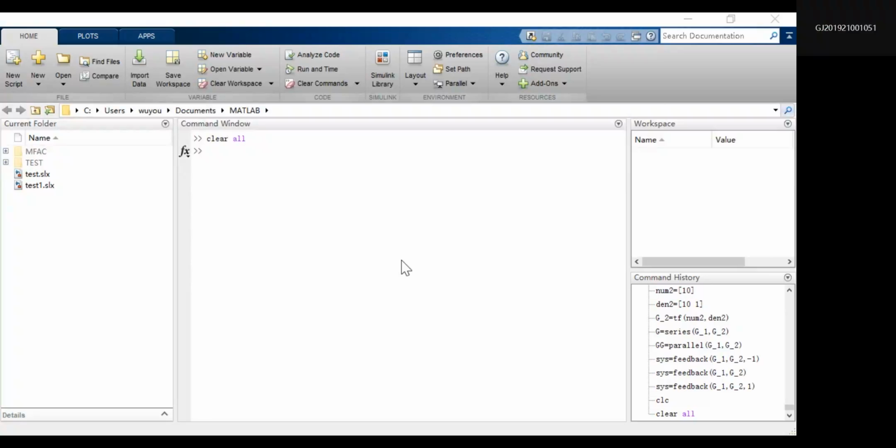And how many types of input signals we've learned? Just say it out. Step, right? And ramp? And unit step. Unit step is also step signal. Step signal, ramp signal, and what signal?